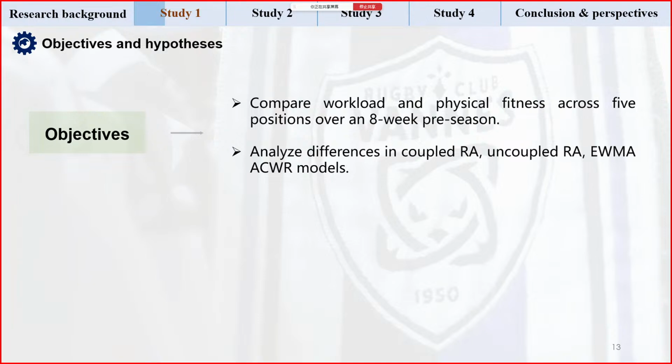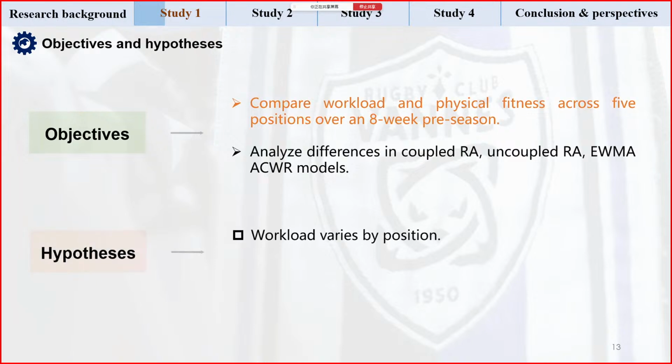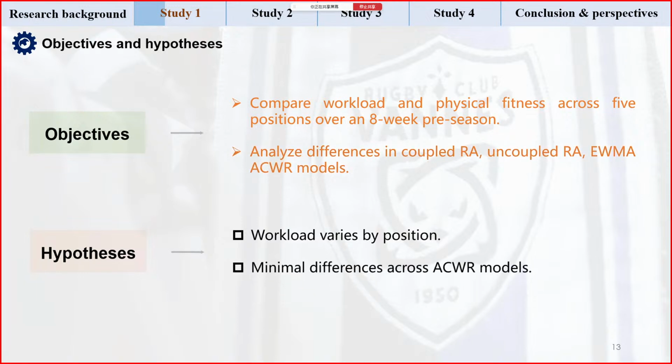It also aims to analyze differences in coupled rolling average, uncoupled rolling average, and EWMA ACWR models. We assume that workload varied by position, but the 3 ACWR models show minimal differences.